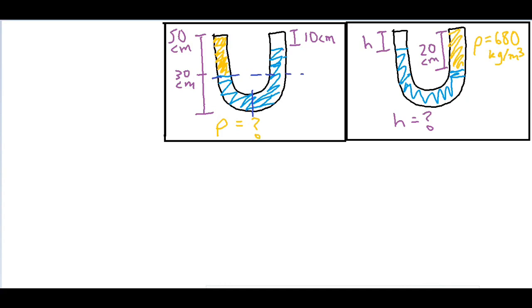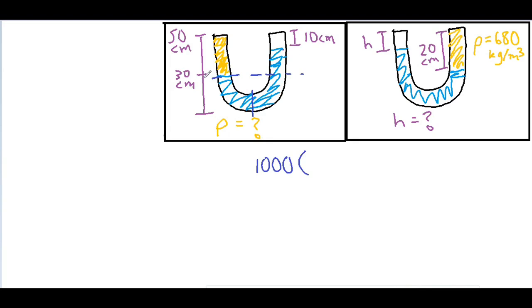So if we're taking a look at our water on the top portion here, we have a density of 1,000 kilograms over meters cubed. And then we're just going to consider our h value, because remember that g is going to drop out anyways.